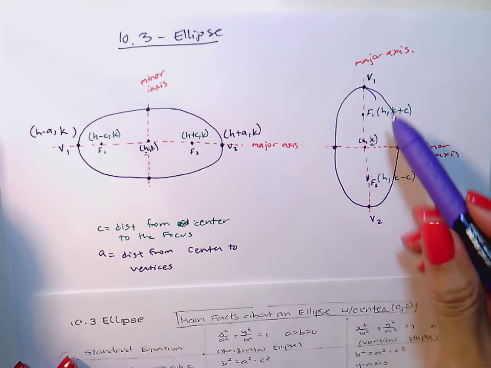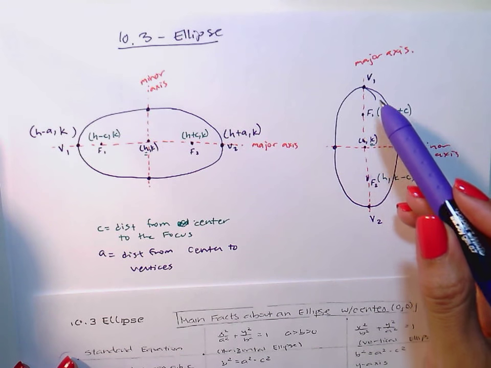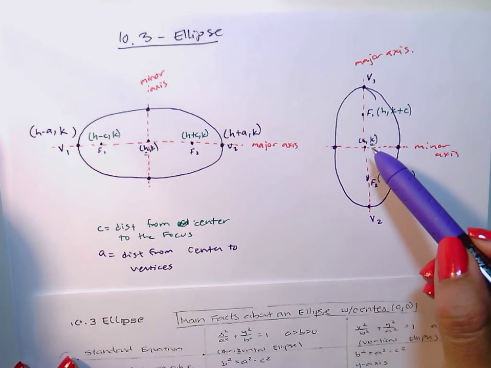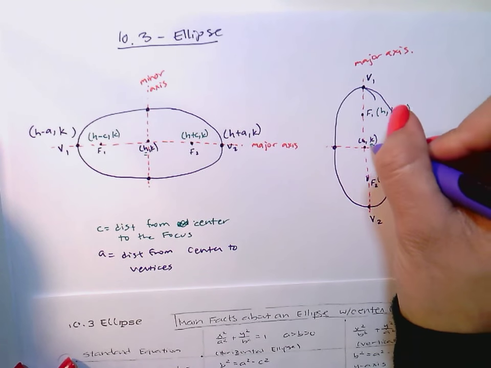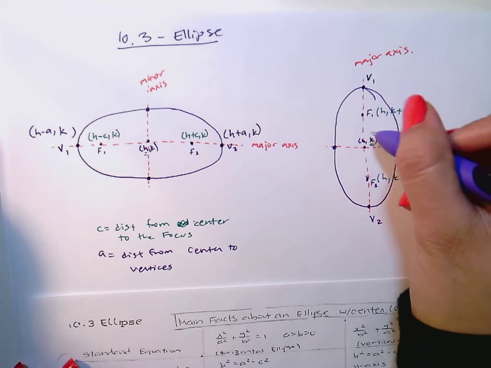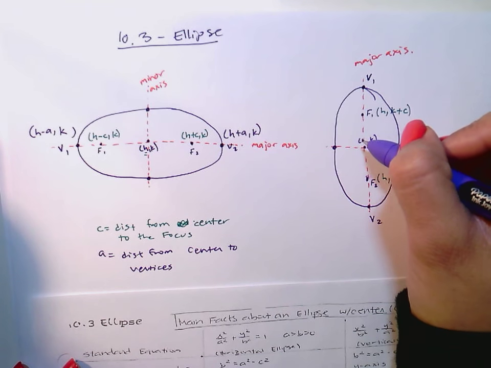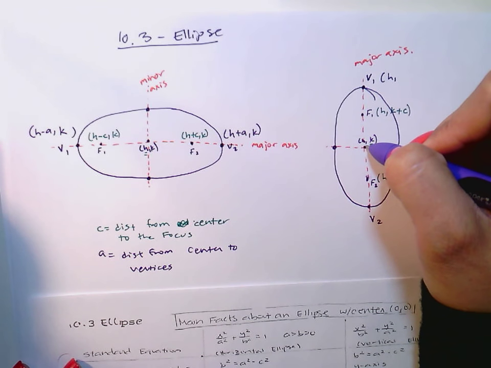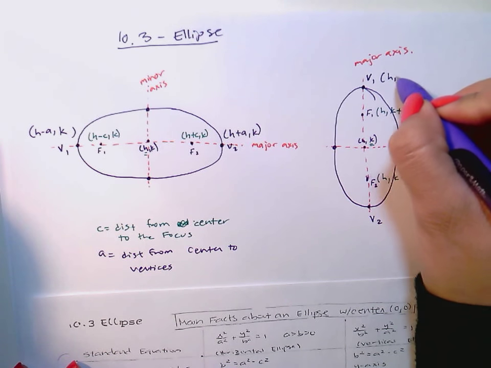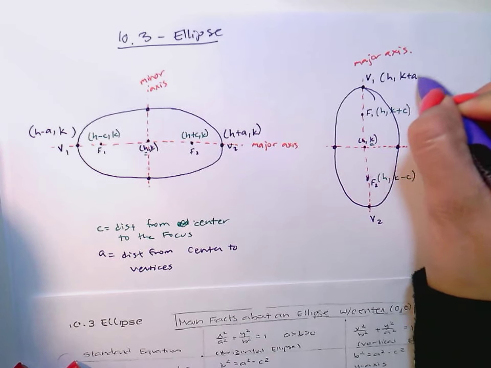And now for these vertices, it's going up by a units away from the center, and it's going down by a units away from the center. So now it's going to change the k value, the y value. The x value, which is h, is going to be the same. So h, and I'm going a units up from the center, so now it's going to be k plus a.